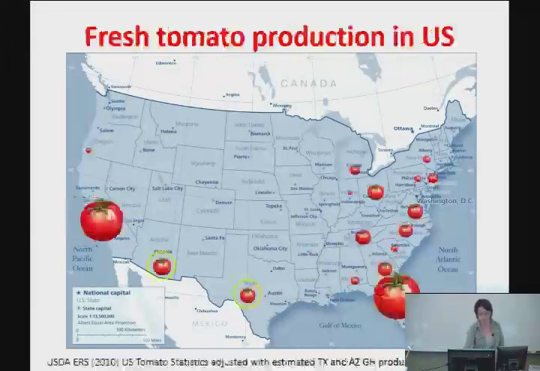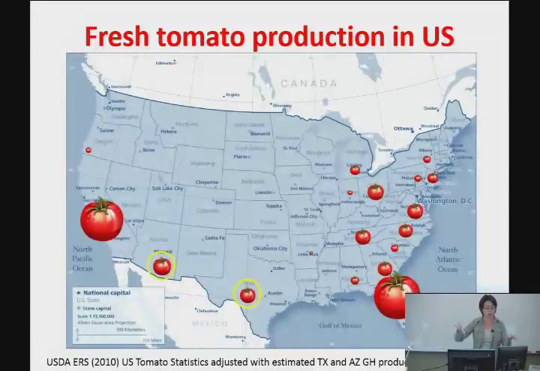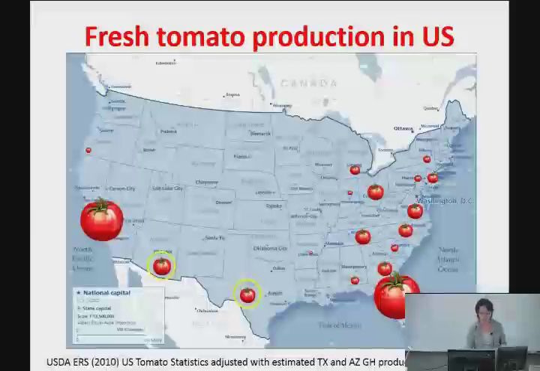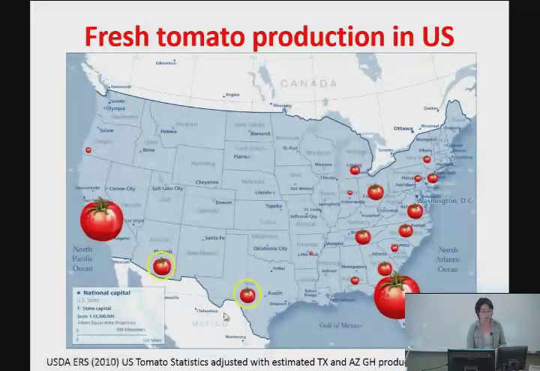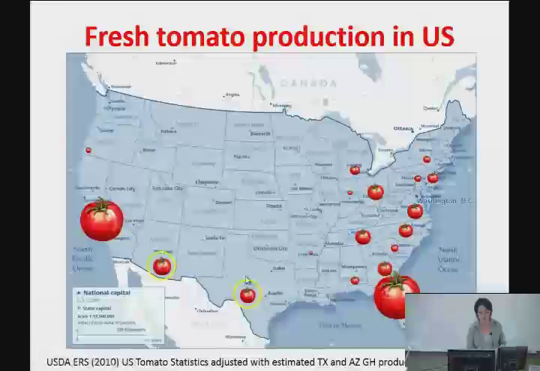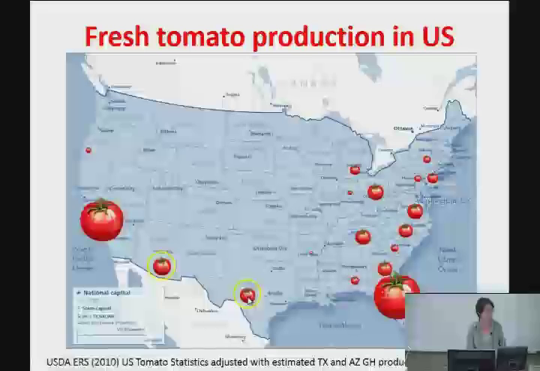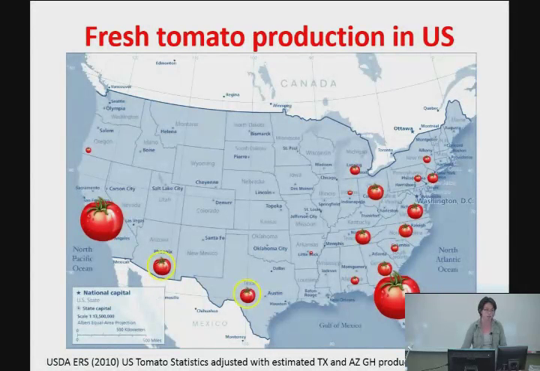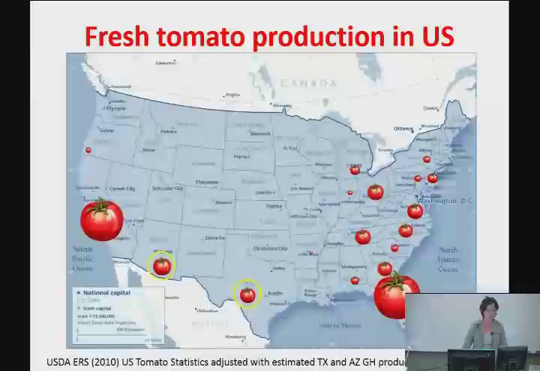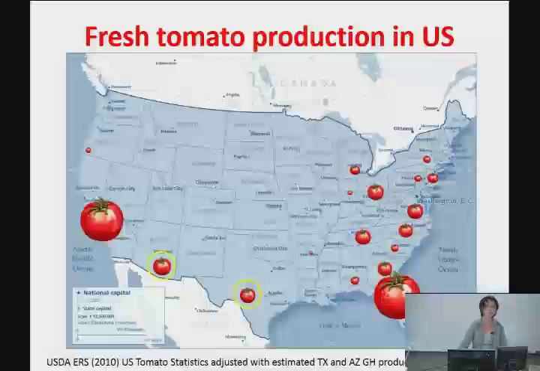Unfortunately, fresh tomato production is more distributed, but still concentrated in certain areas. Those yellow circles are production added to the USDA data, because USDA doesn't report Arizona and Texas data, since only a small number of large companies are present.